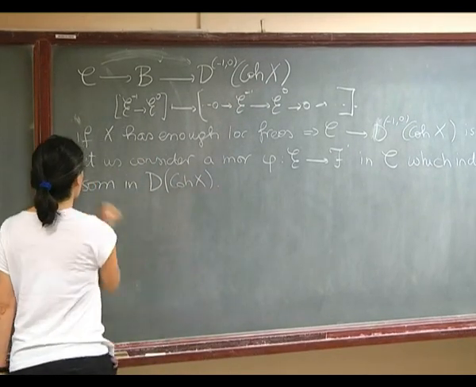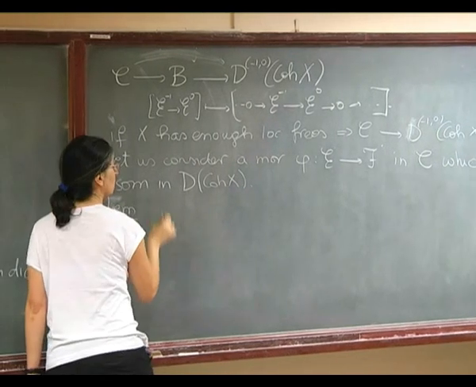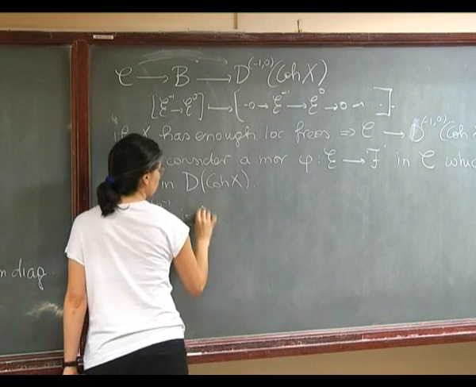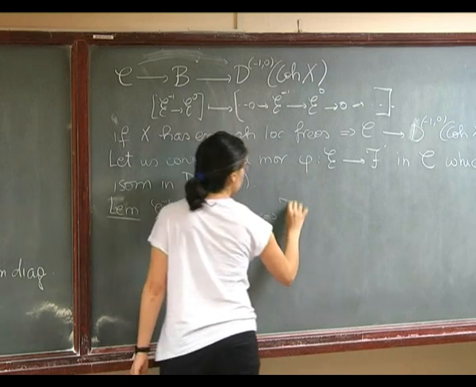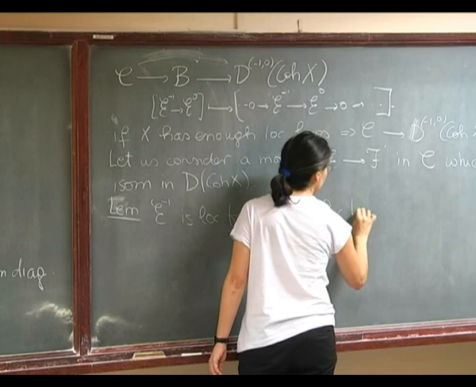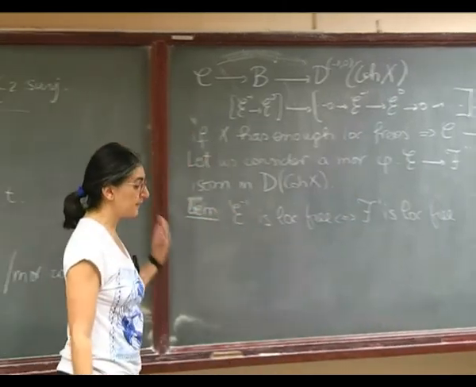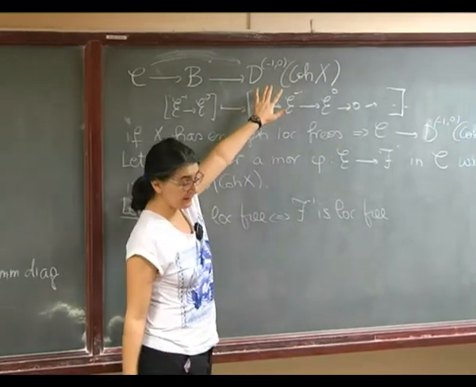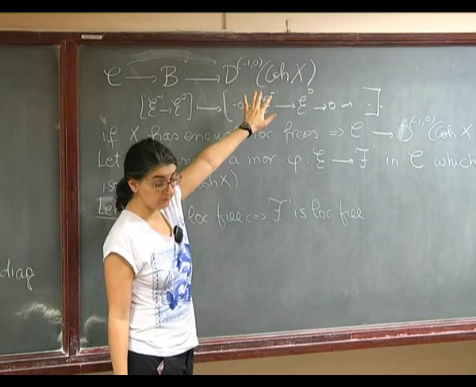Well, then, lemma: E minus 1 is locally free if and only if F minus 1 is locally free. And in particular, this is a property which only depends on the object in the derived category.